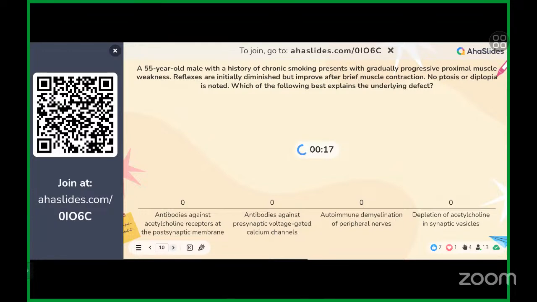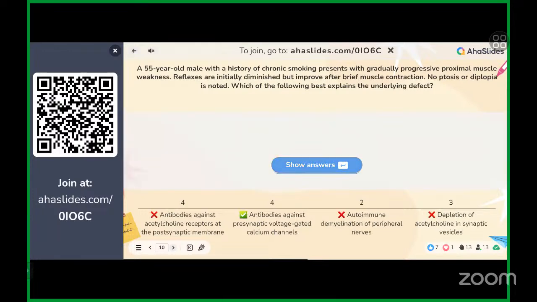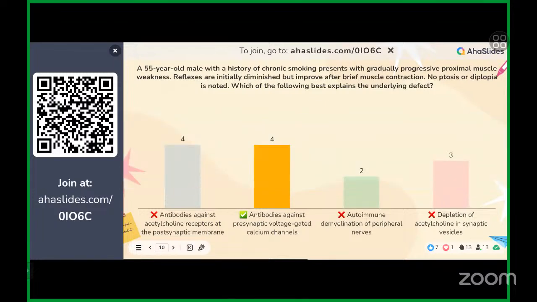So the reflex that improves with use sounds like it is the reverse of myasthenia. So what is the mechanism seen here? Right, the correct answer is antibody against the presynaptic voltage gated calcium channel. That is nothing but Lambert-Eaton syndrome.